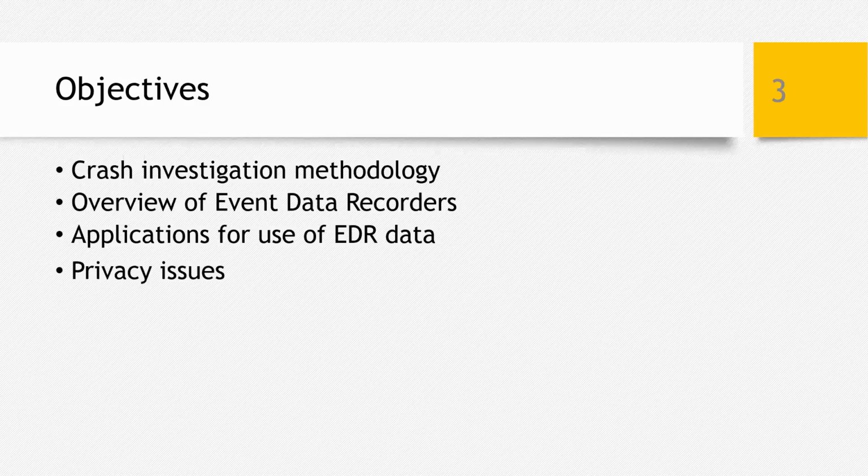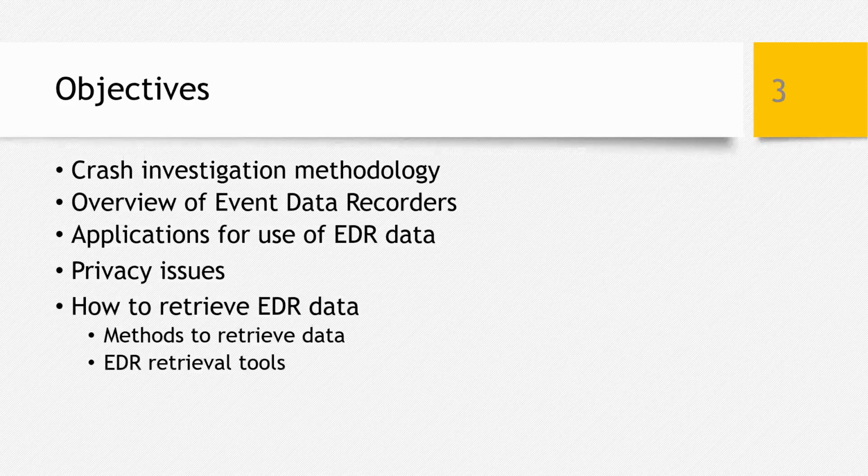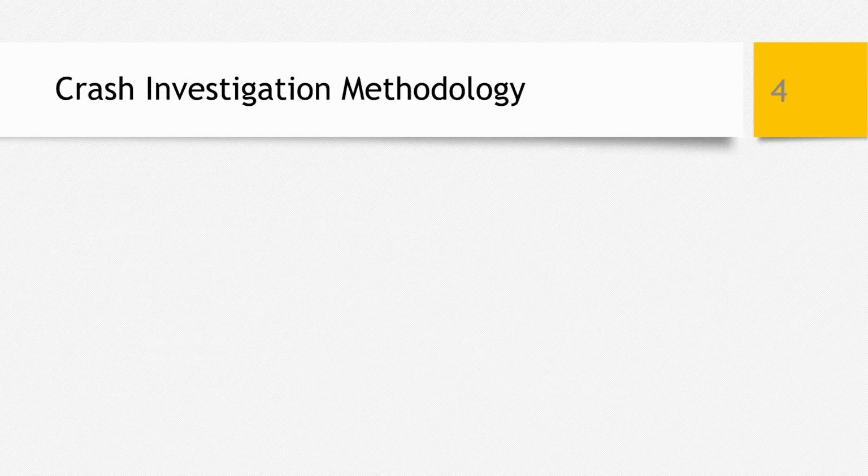We'll briefly discuss some privacy issues that are related to the collection of EDR data that you'll need to be familiar with. We'll go over the methods used to retrieve EDR data and the different tools that are available to do that. And finally, we'll talk about some training options that are available so that you can get the most out of applying crash data to your investigations.